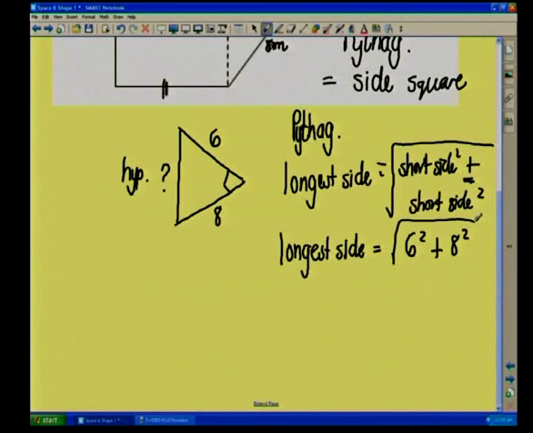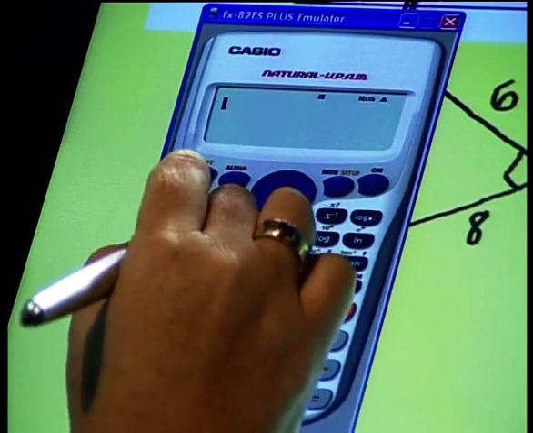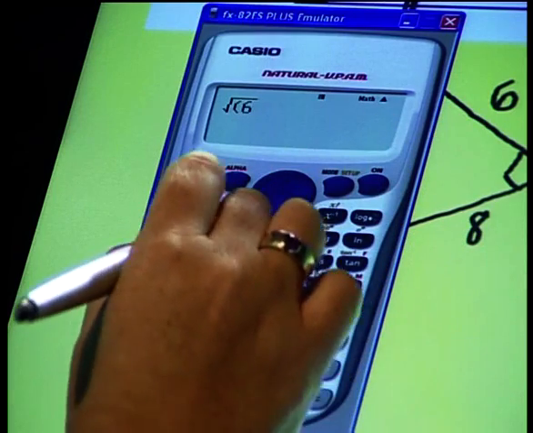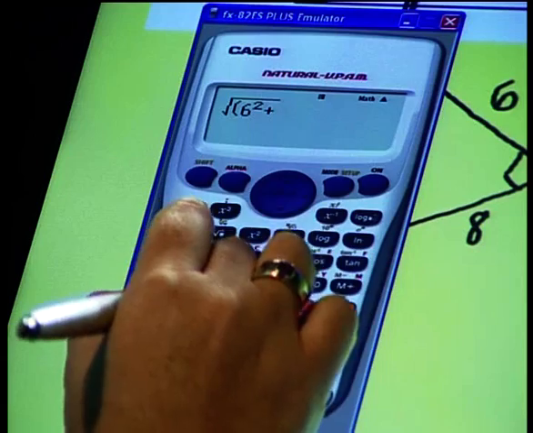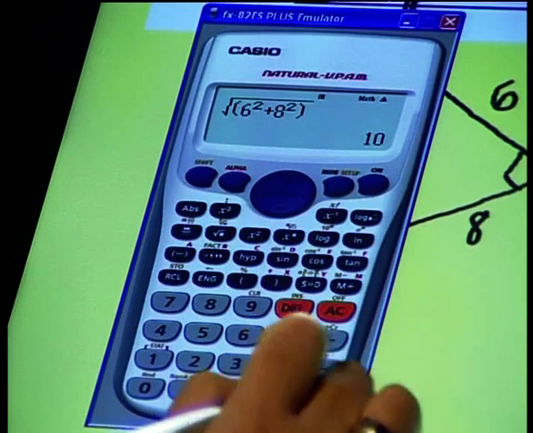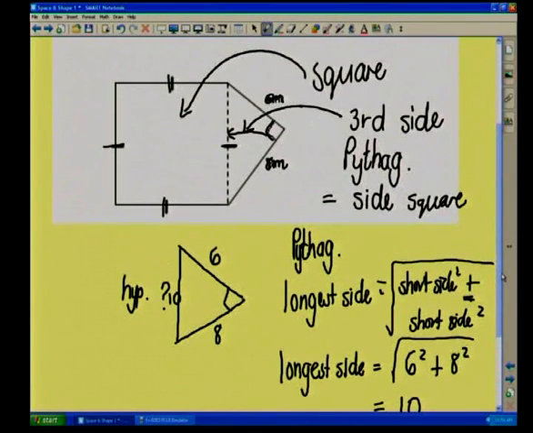I'm going to use my calculator to find this answer. And so it's the square root, brackets, 6 squared plus 8 squared, close my brackets, equals 10. So my longer side is 10. So this side here is 10, and if I go up, you can label it on here, it's 10.